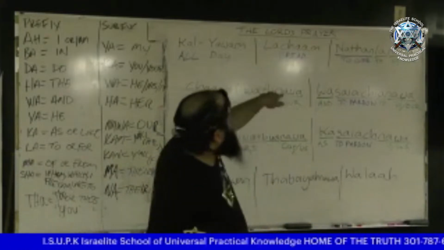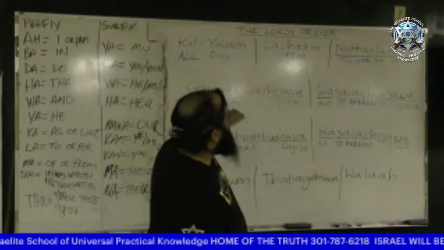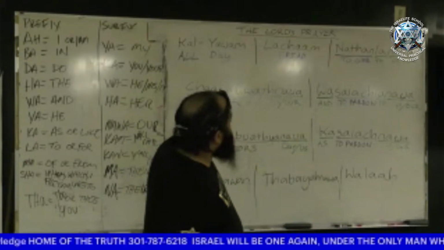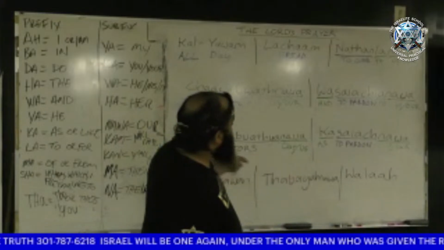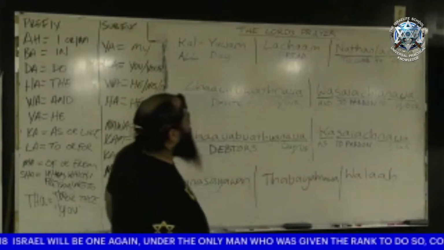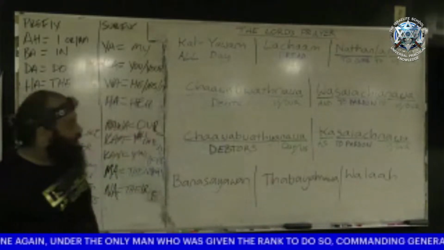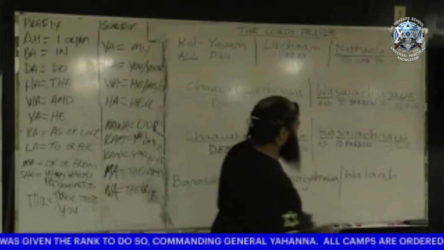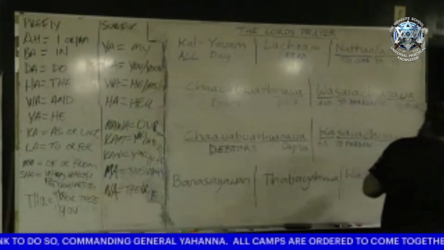All right, so give us bread all day, and pardon our debts. Pardon us for our debts, as we pardon our debtors. Pardon, forgive is the same thing. And lead us not into temptation. That's the next part, right?